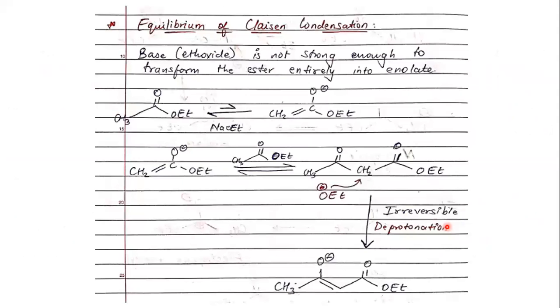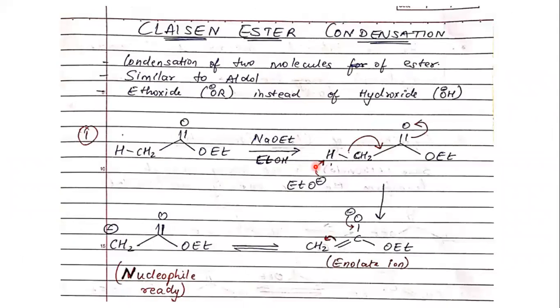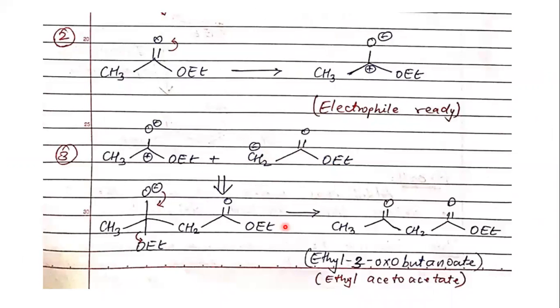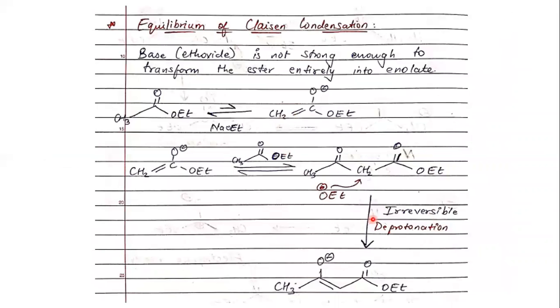This is exactly how the reaction is proceeding. If you go back to the mechanism, it is directly showing the formation of ethyl acetoacetate. It is not showing you the actual irreversible deprotonation step. That step is shown only in the equilibrium reactions of Claisen condensation.